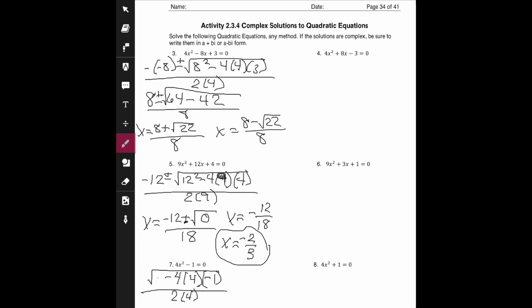That positive and negative makes that positive. So 16, the square root of 16 is 4. So you're going to have x equals plus or minus 4 over 8. So x equals plus or minus 1/2. You can write this out as two different answers if you like. Okay?